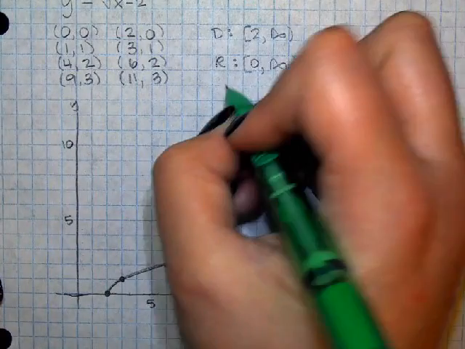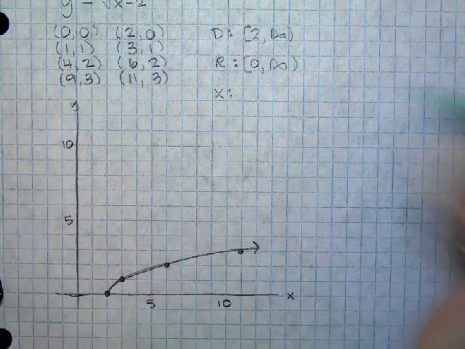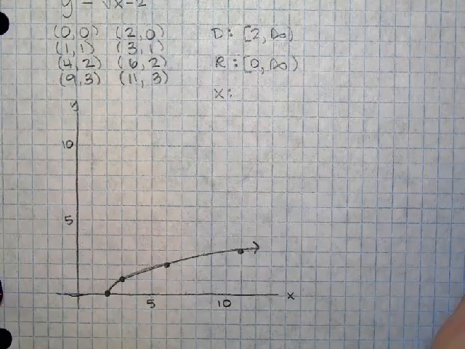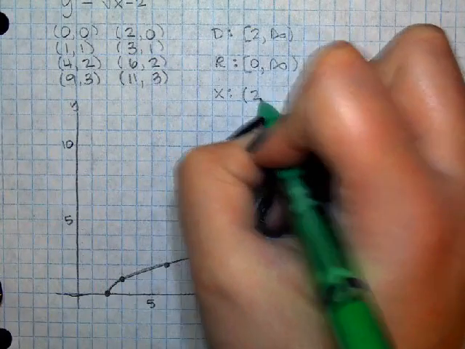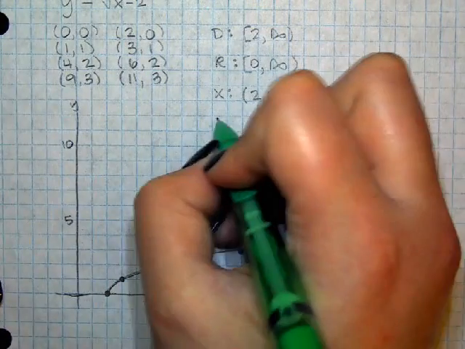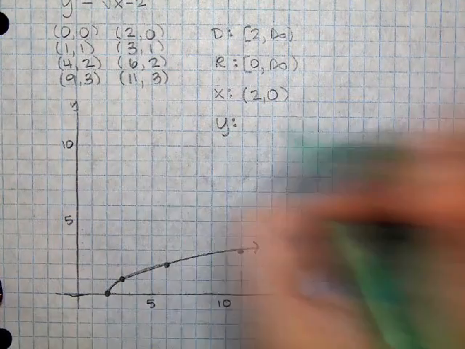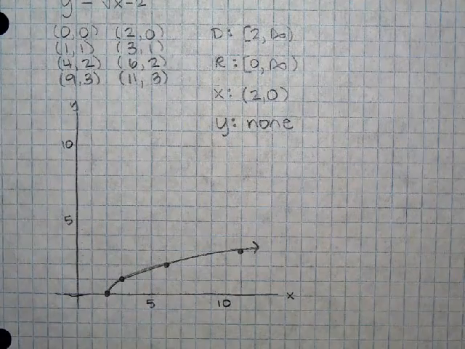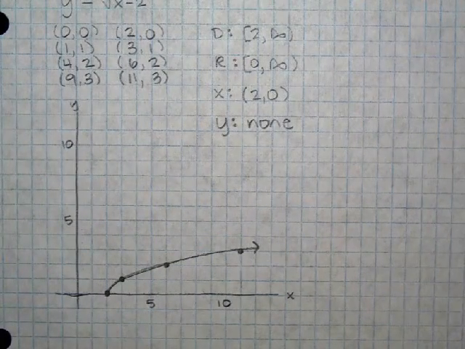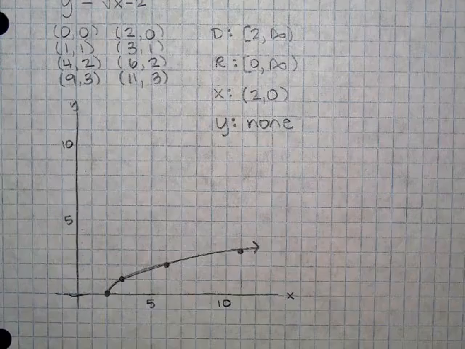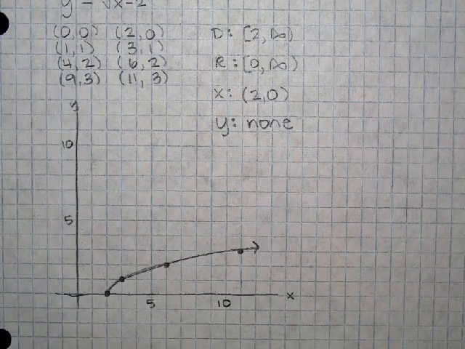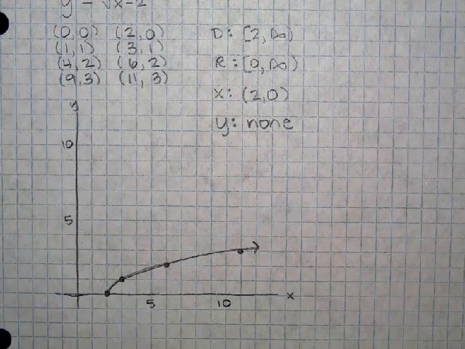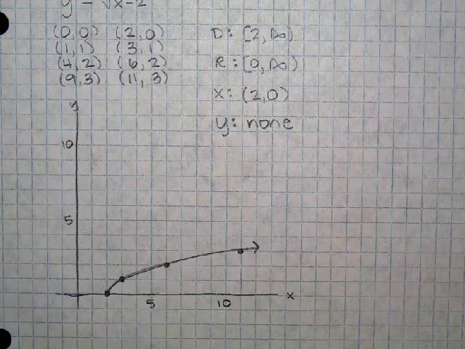What is the x-intercept? 2, 0. Okay, what is the y-intercept? None. Okay. I need you to switch colors. So grab a marker, grab a colored pencil, grab a pen, grab something different colored. I have tons of colored pencils, markers up here, so grab whatever you need to switch colors.